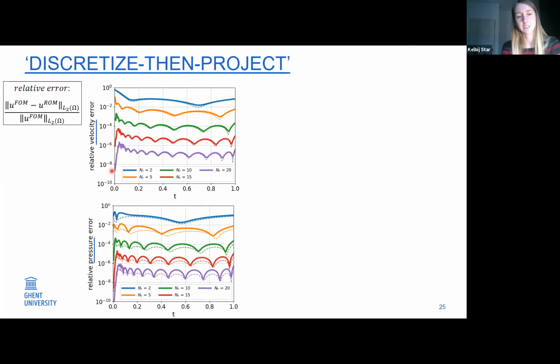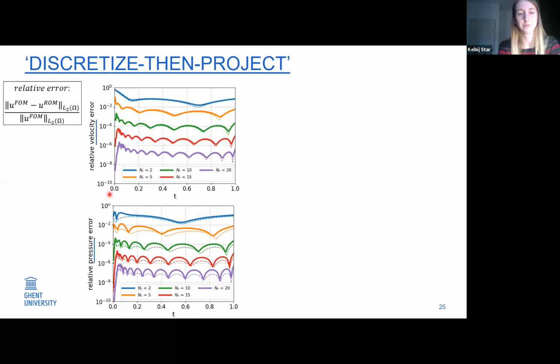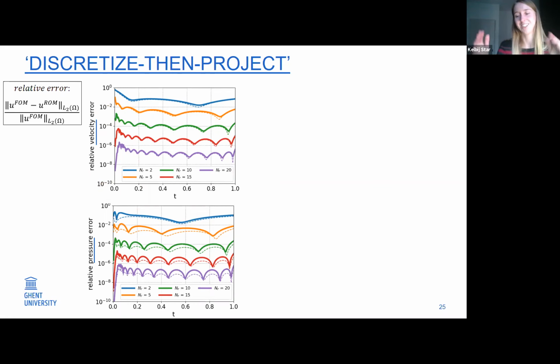It doesn't really depend on the time I'm running the reduced order model for. If I would run this even for 2 seconds, this just gets more stretched. It's not that it repeats. I still don't have a good answer to why that is the case.